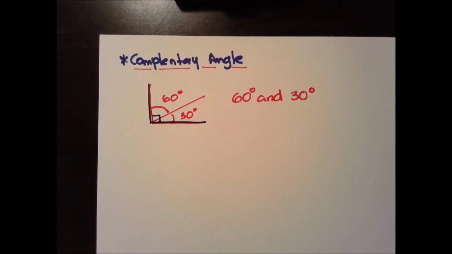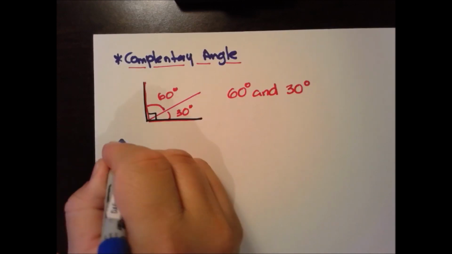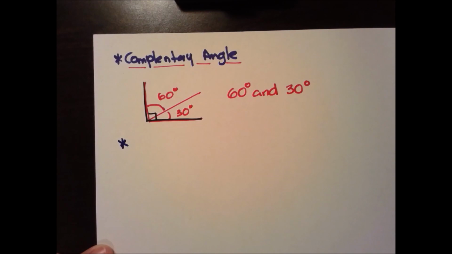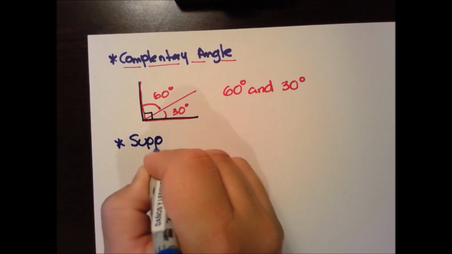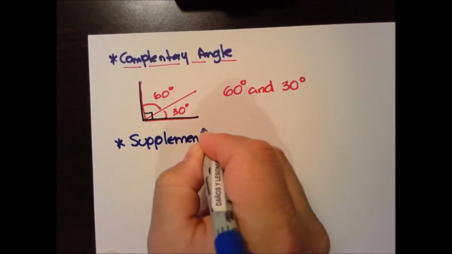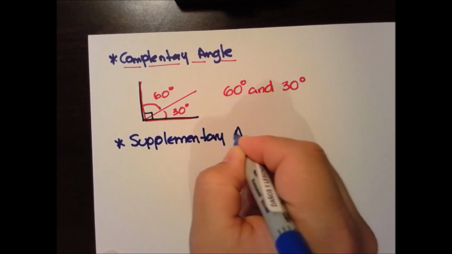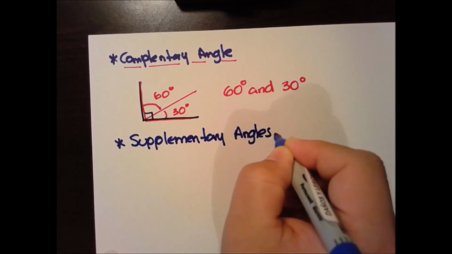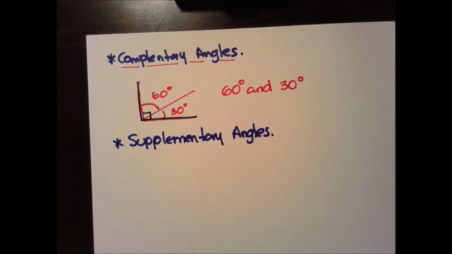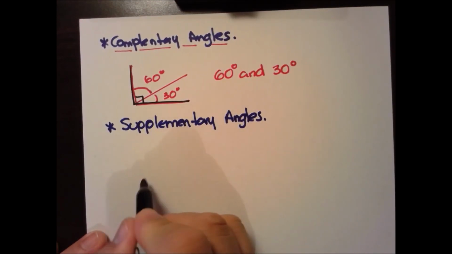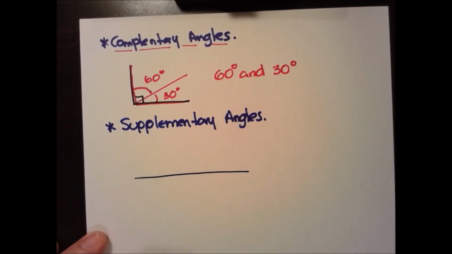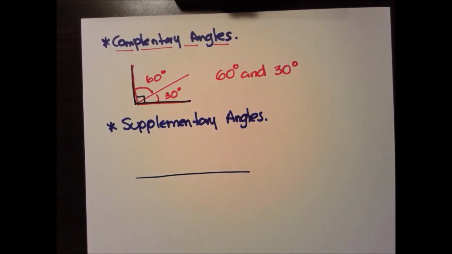The other one is supplementary angles. Let's write here supplementary angles. Okay, look at this. This is similar to complementary angles, but here instead of 90 degrees, we need to have 180 degrees.